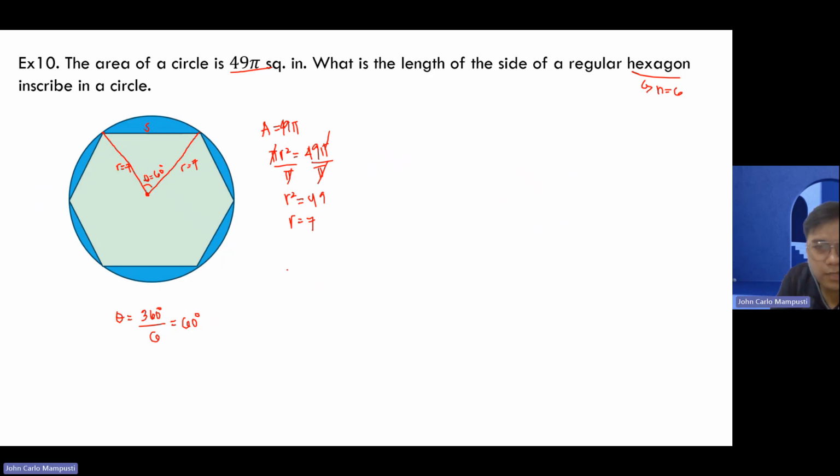So to find S, can apply basic trigo or cosine law. Okay lang. Okay?